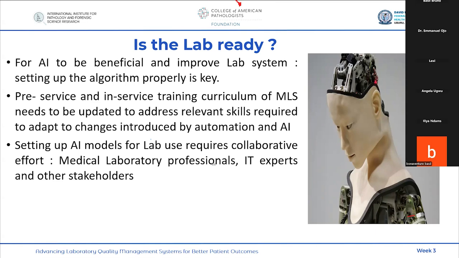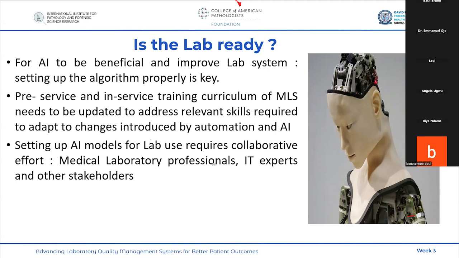But for this to be beneficial and improve our system, setting up the algorithm properly is key. An algorithm is the sequence of how things will happen. If you want to understand the meaning of algorithm in a programmatic manner, we can look at the algorithm of running HIV tests. The national HIV algorithm is as simple as that.